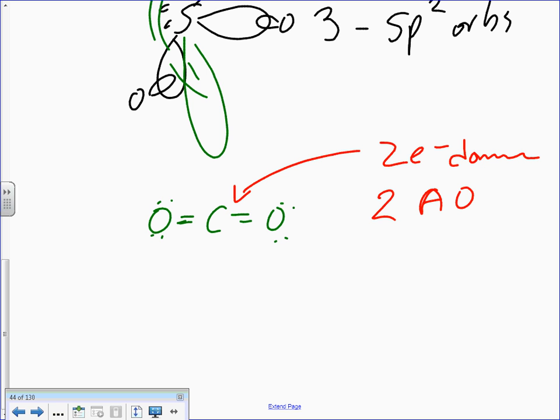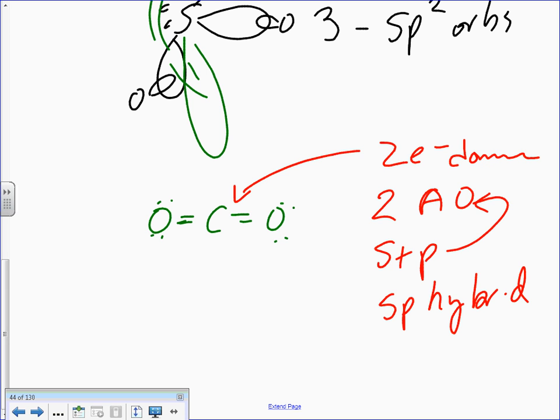Second, we just said S, P, and P, that made sp2. What is this one going to be? S and P atomic orbitals are the ones coming together to make these electron domains. So what is that one going to be called? sp hybridized. There are two sp hybridized orbitals, one on the left of carbon and one on the right, allowing for the overlap for that other oxygen to form.